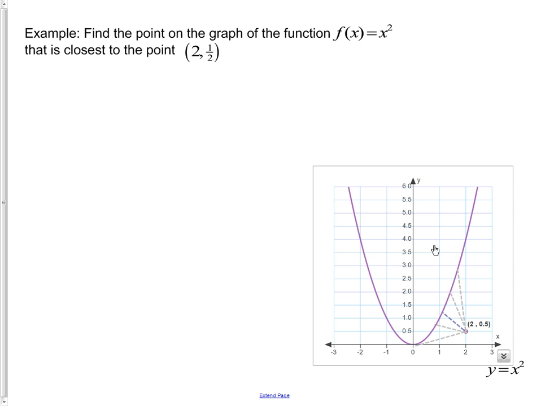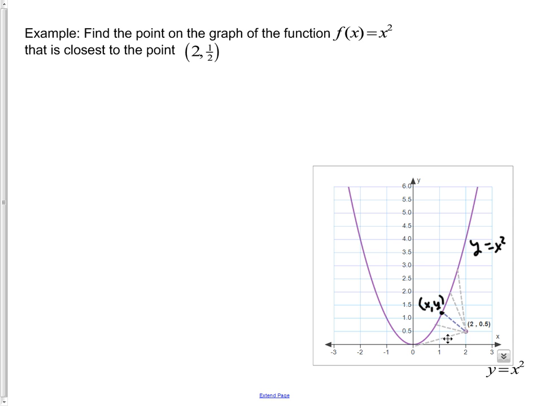So there's certainly some x, y coordinate point in here that's going to give it to us. And we know every coordinate along this curve, y equals x squared: whatever value of x we have, the y value is just the square of that. So the question is, how do we get that?